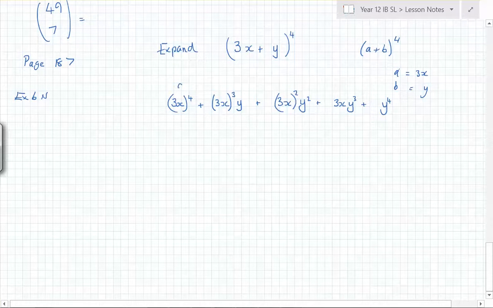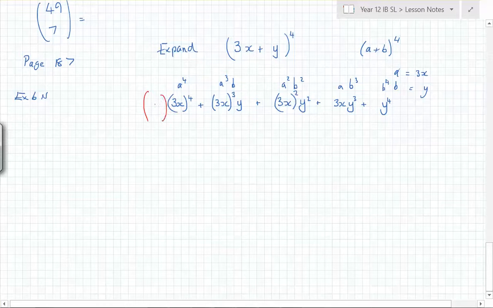Got that? a to the power of 4, a cubed b, a squared b squared, a b cubed, and b to the power of 4. Alright? What's missing? The coefficients.